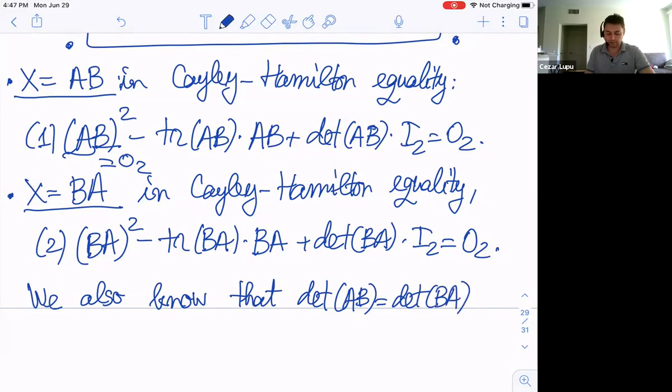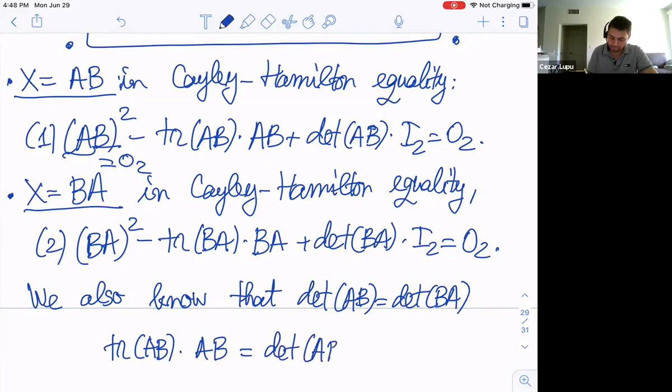So let's take the first one. This will be that trace of AB times AB equals the determinant of AB times the identity.